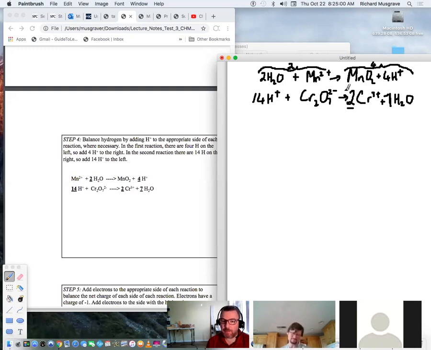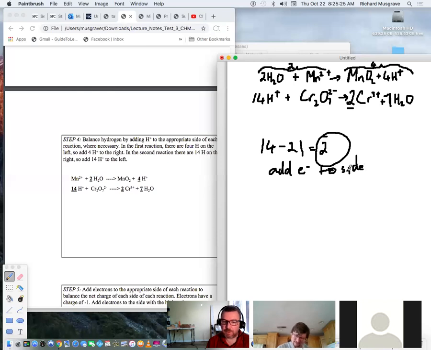Now I need to figure out how many electrons. So what I like to do is take the absolute value of the difference between them, figure out the difference in the charge. You can see it's going to be 2. And then what I do is I add electrons to the side with the higher charge. Now, why do I do that?